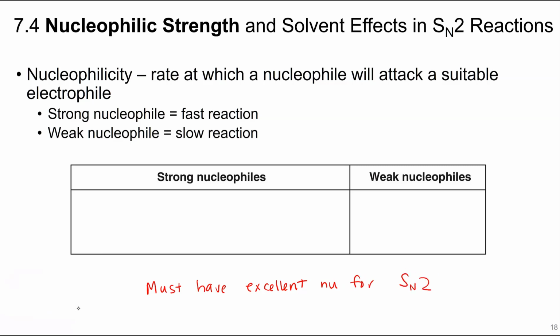Strong nucleophiles include the halogens, thiols that are charged or are thiols, hydroxide, alkoxides, and C minuses. Things that are weak nucleophiles include water and alcohols. So if you're looking at what's the difference here, all of these strong nucleophiles have an actual negative charge. The weak nucleophiles are neutral and are just partially negative.